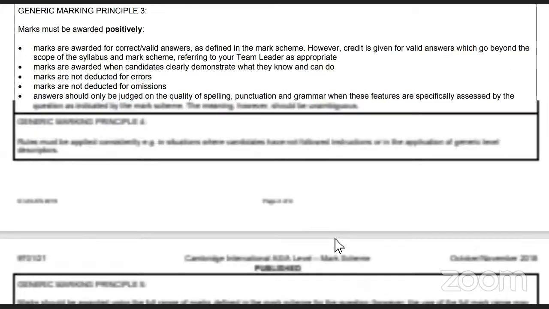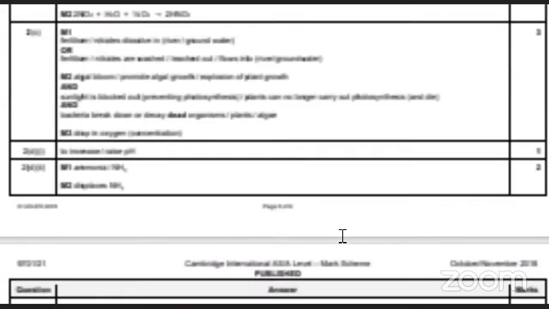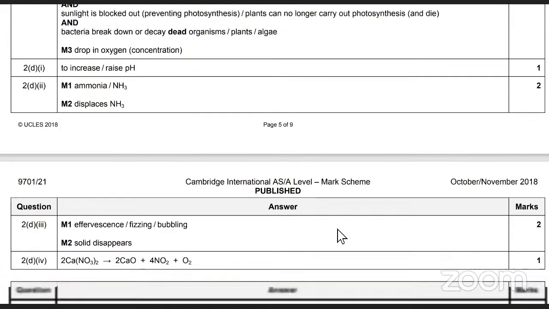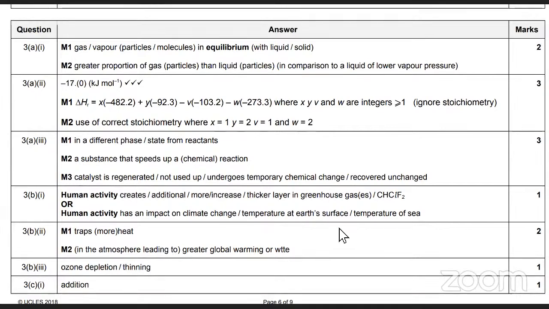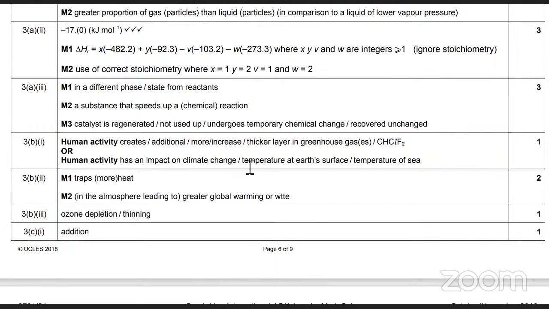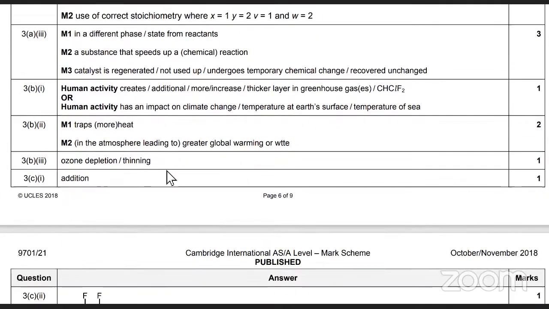I said traps heat, global warming. It does that. He was actually thinking about it as two different points.